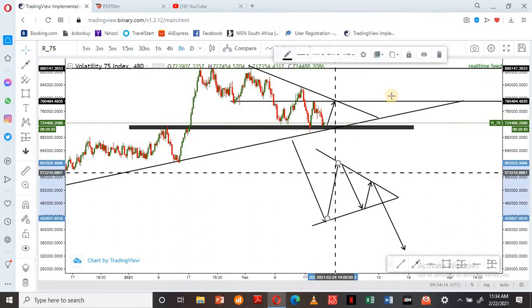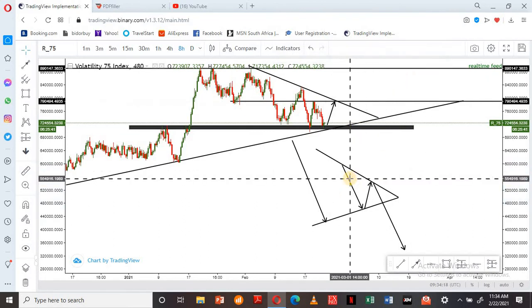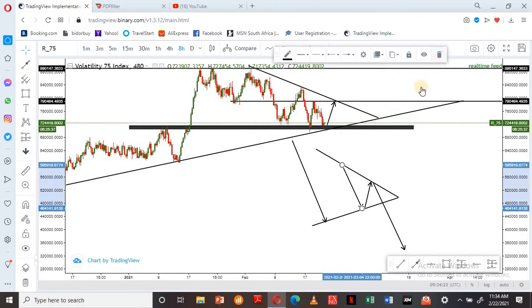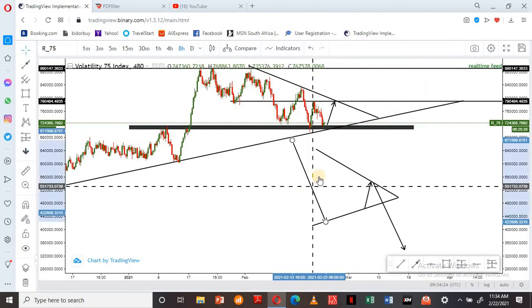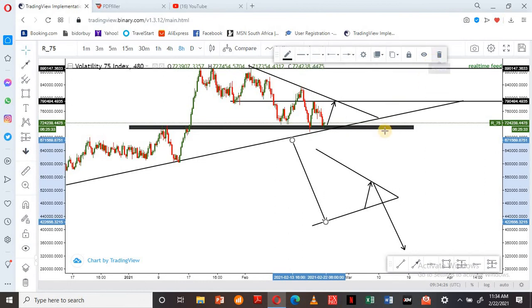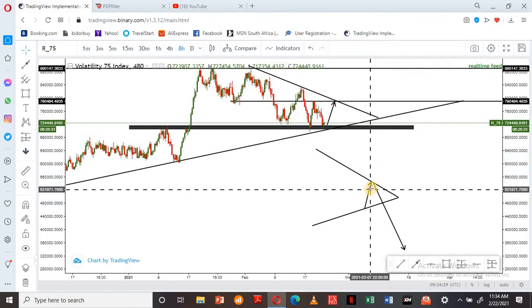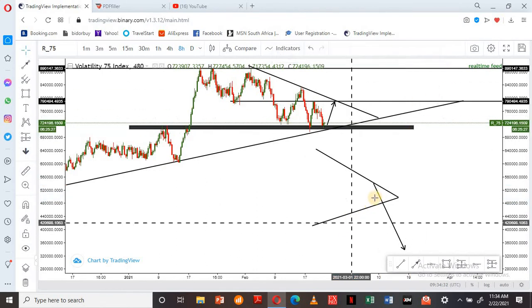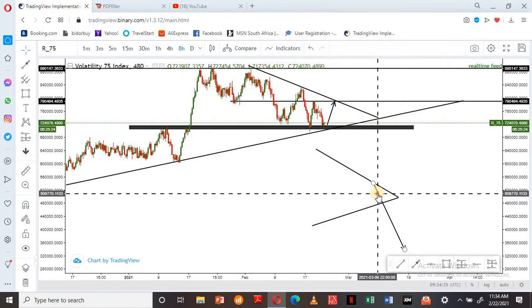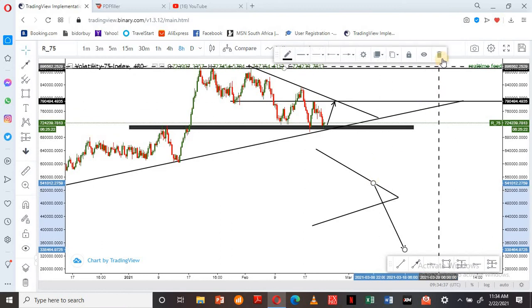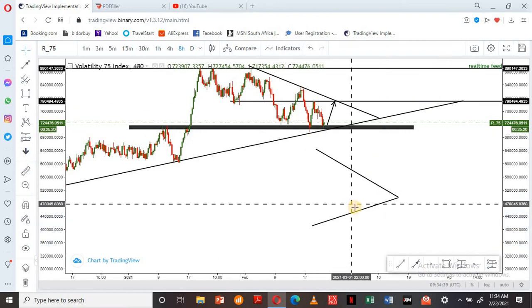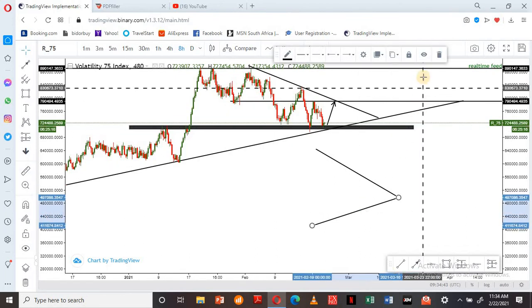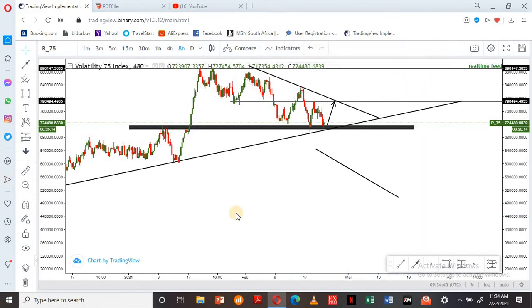However, we don't control the market. It's very important to know that as traders we don't control the market. We react from what we see. We don't just say it's going to go up, we are 100% sure. No, we take calculated risks.